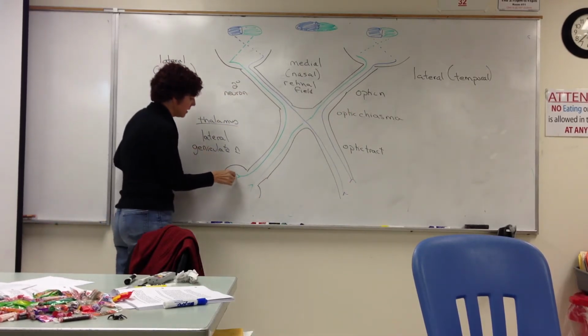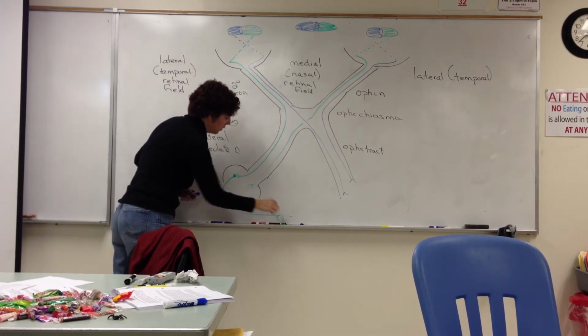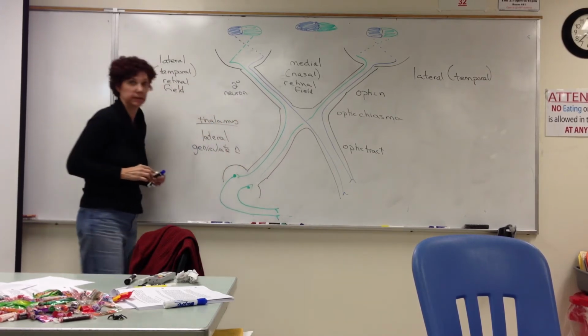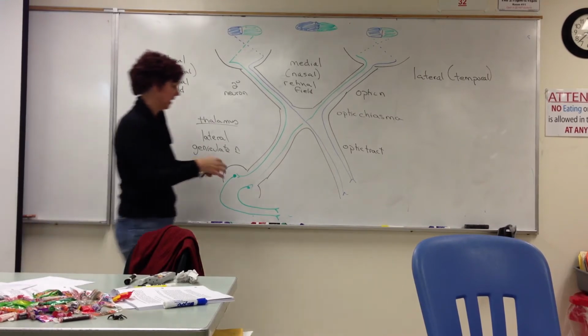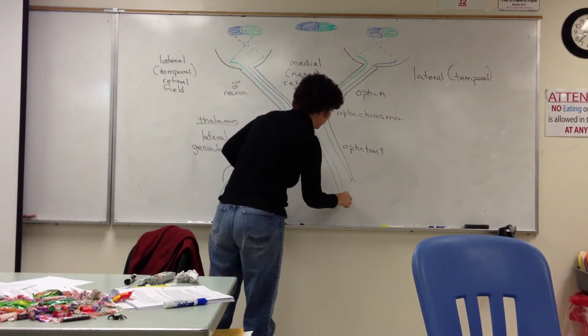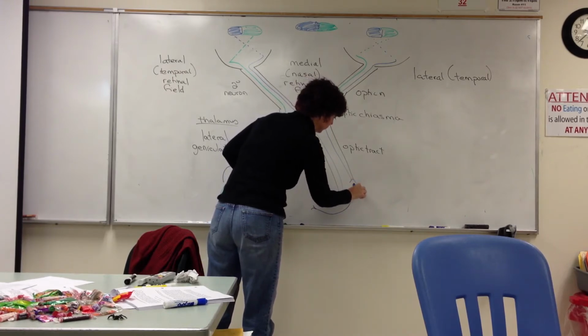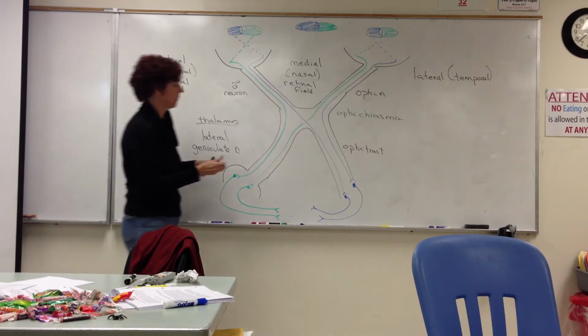Third order neuron cell bodies form the thalamus and go to the primary visual cortex and the occipital lobe, which I foreshortened here because my board ended. Same thing here. Third order neurons go to the occipital lobe for processing and creation of the image.